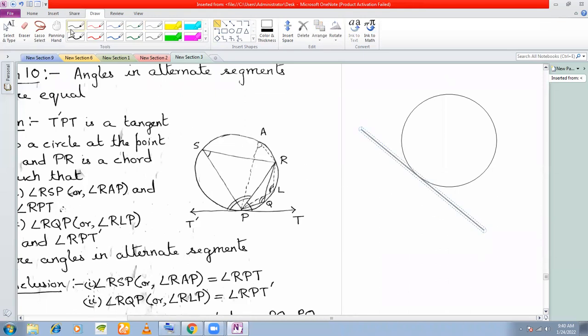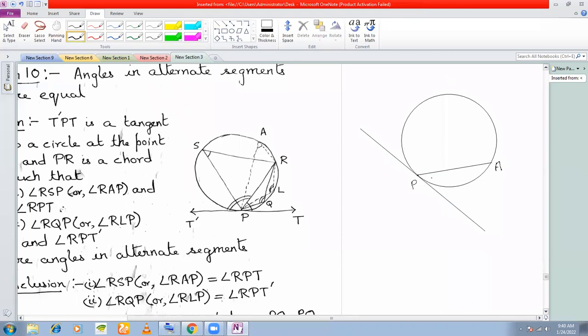For angles in alternate segments, you must have a tangent, point of contact. You must have a chord that must pass through the point of contact.